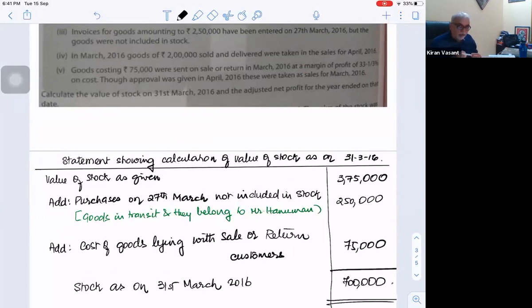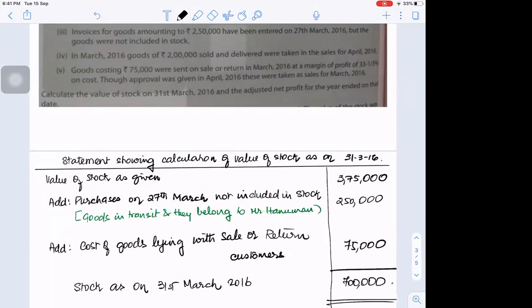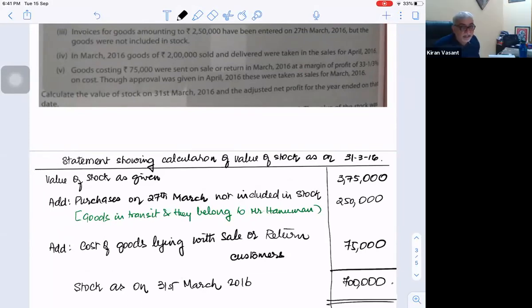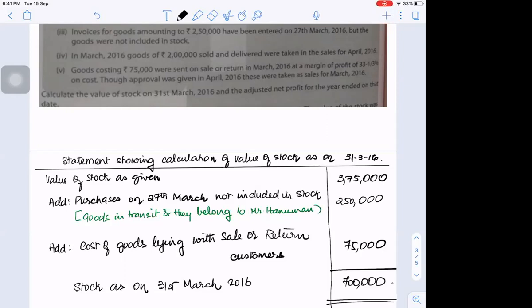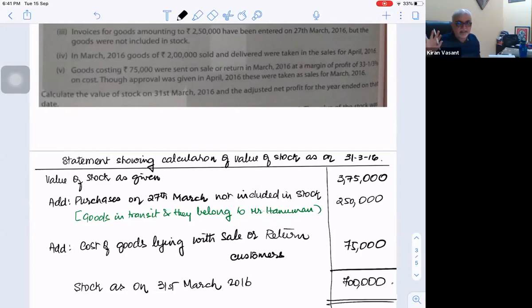So when you took the physical count of the stock, was that stock in your premises? No. So when did you sell it actually? March itself. You have taken it in the sales of April. That is a mistake. It has been sold in March. Goods were not there, so the stock valuation is fine.